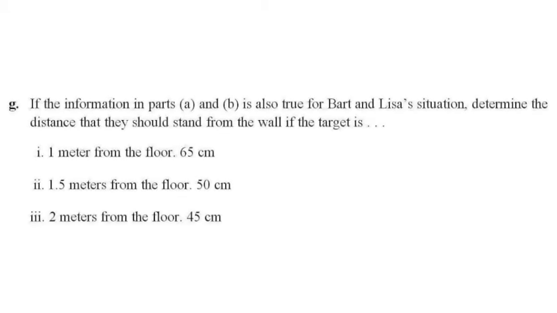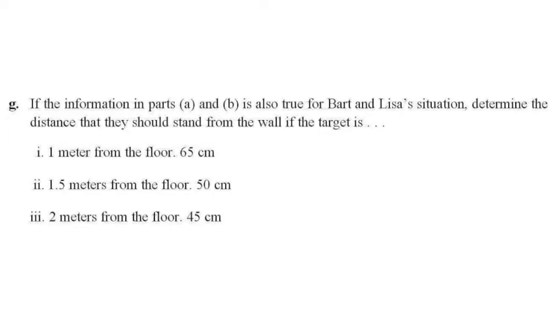If the information for A and B is also true for Bart and Lisa's equation, we will also determine the distance they should stand from the wall if the target is 1 meter or 100 centimeters from the floor, 1.5 meter or 150 centimeters from the floor, and lastly, 2 meters or 200 centimeters from the floor. When we got the table of values, we already got these values needed by Bart and Lisa.